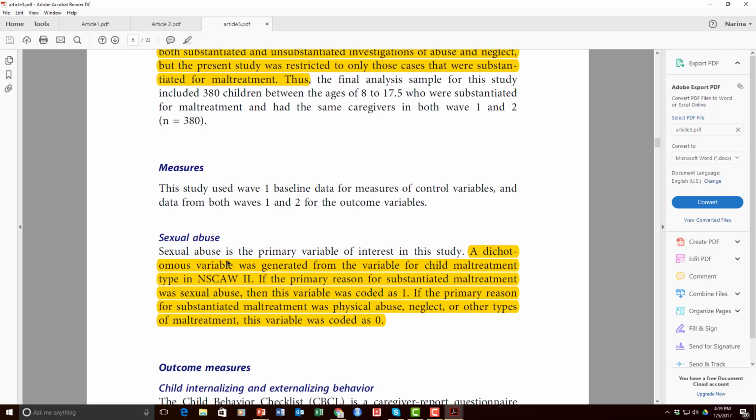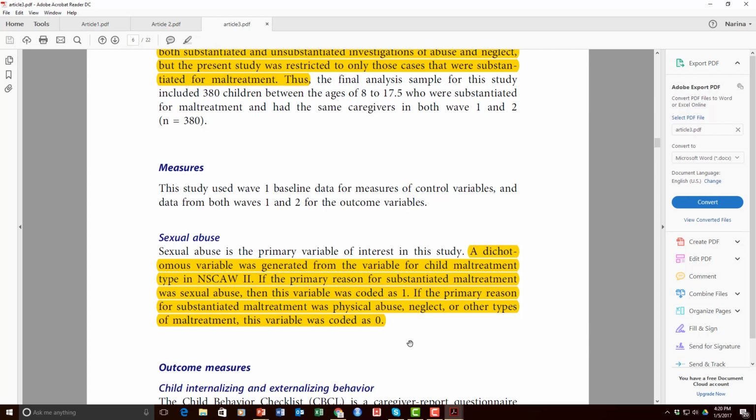A dichotomous variable was generated from the variable for child maltreatment type in this data set. If the primary reason for substantiated maltreatment was sexual abuse, then this variable was coded as 1. And if the primary reason for the substantiated maltreatment was physical abuse and neglect or others, it was coded as 0.